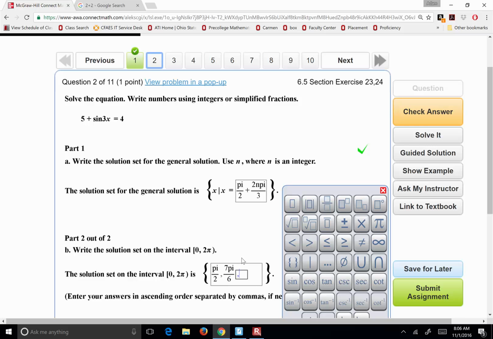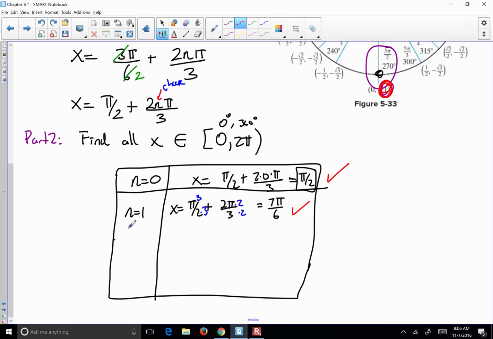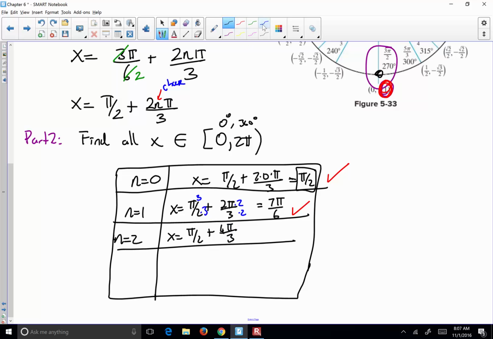Do we have more? Until I'm out of range, I will try positive and negative n values. I will try 2 next. That's pi over 2 plus, when I plug in 2 here, 4 pi over 3. I need to set the common denominators one more time. This one by 2, so they make 6 in the denominator.